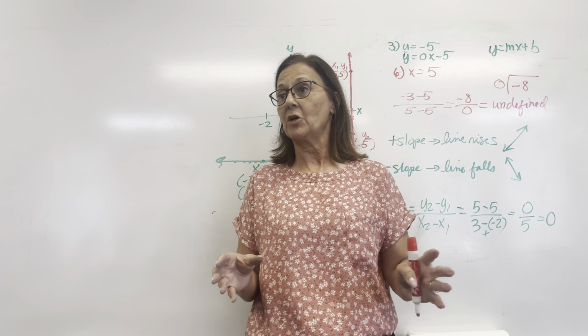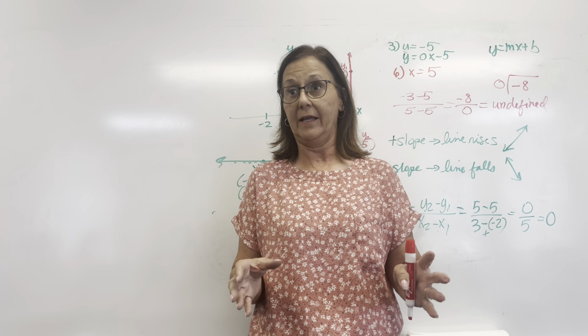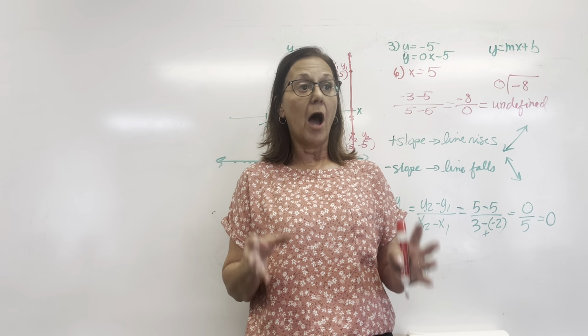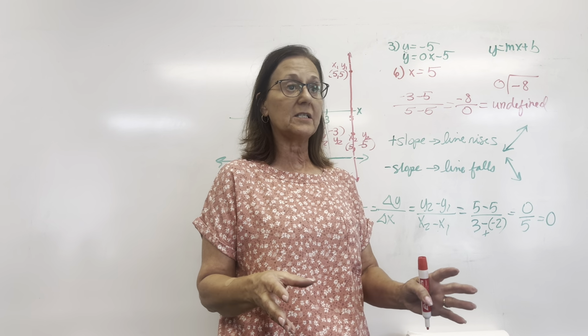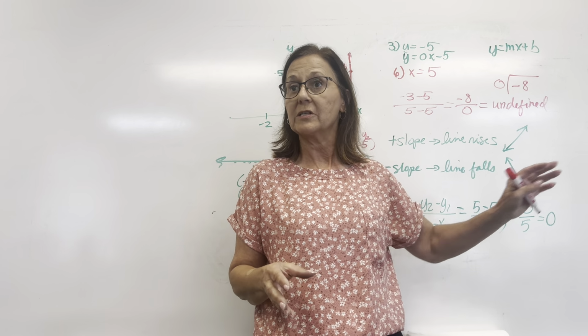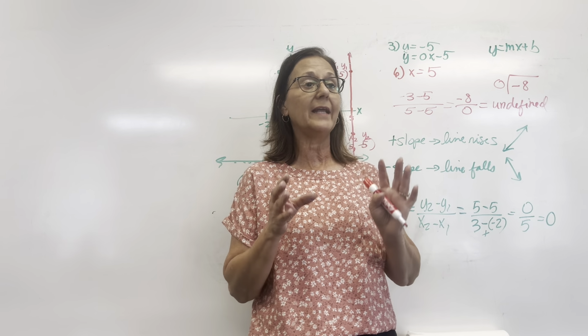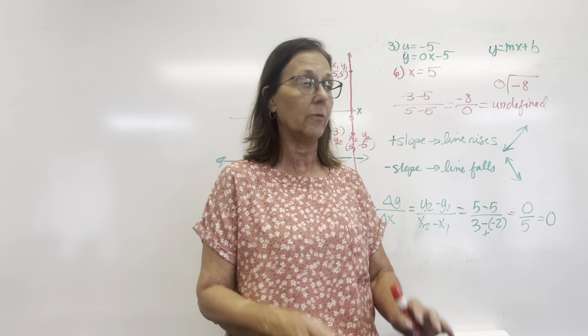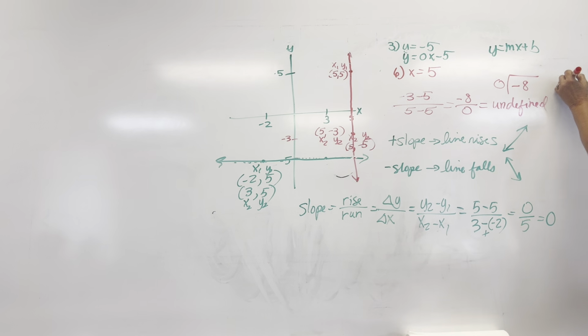We're going to have asymptotes because it's undefined. So a denominator in a rational expression, a ratio of numbers, can never equal 0. Even if it is 0 over 0, that is not 1. That is undefined.